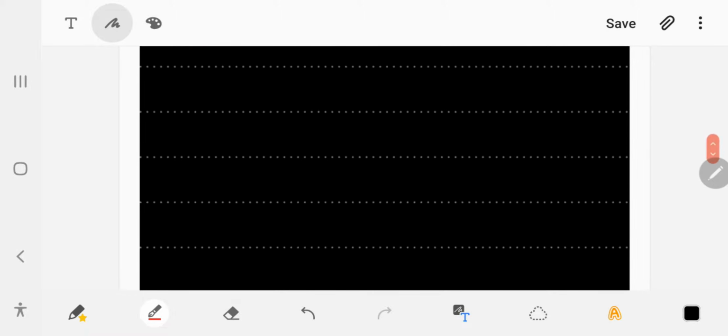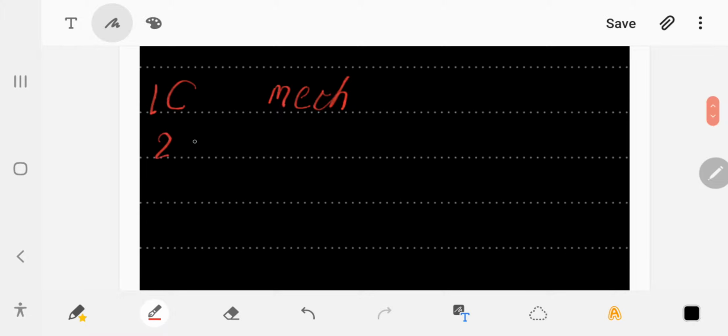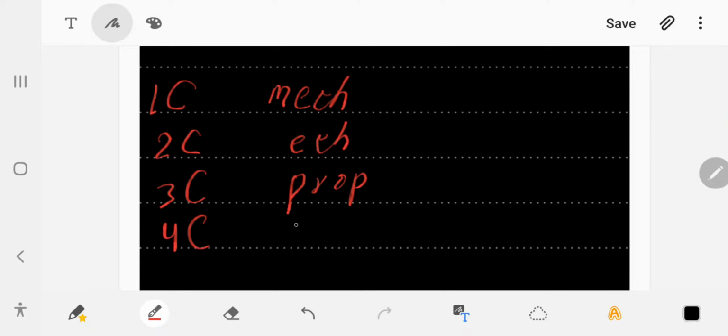If we have a compound with one carbon atom, it will be meth. Two carbon atoms, it will be eth. Three carbon atoms, it will be prop. Four carbon atoms, it will be but. Five carbon atoms will be pent.